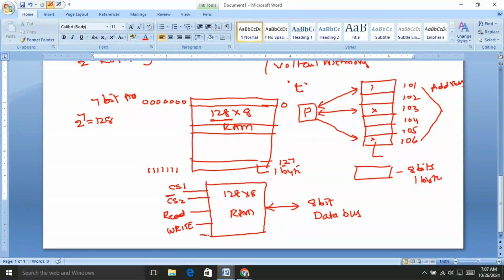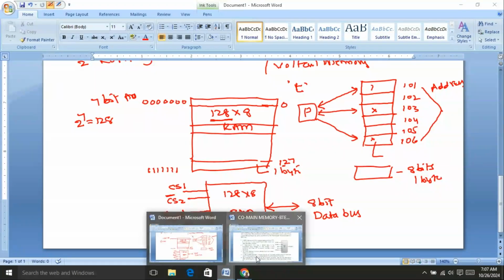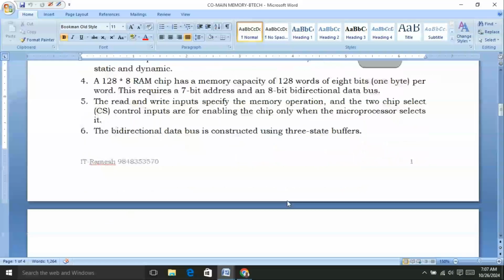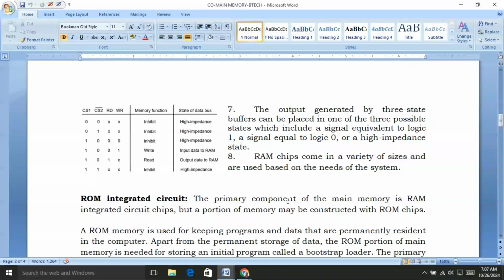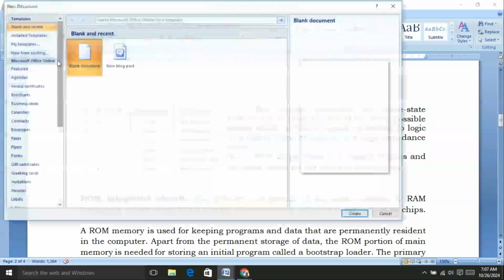Here I consider the address lines to identify the RAM chip, 7-bit address. Okay friends, I hope you see how we are able to access the data from the RAM. Below I have given one table and I draw the same thing. Please observe this one, please wait a minute.